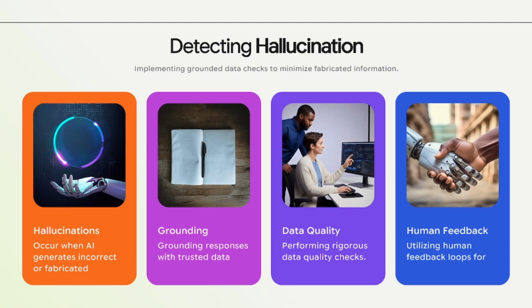Detecting hallucination. Number one, hallucination occurs when AI generates incorrect or fabricated data. That means there's something wrong with the system, or maybe the prompt is not correct, or maybe the base model was not fine-tuned very well. So ground responses with trusted data.